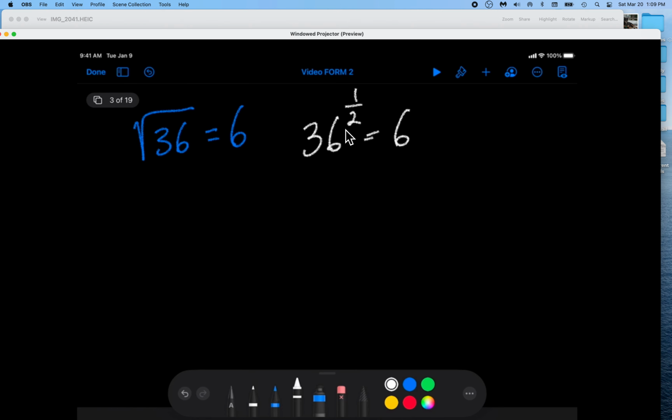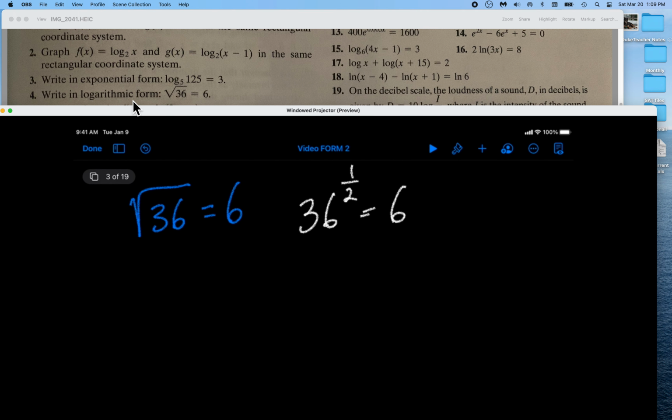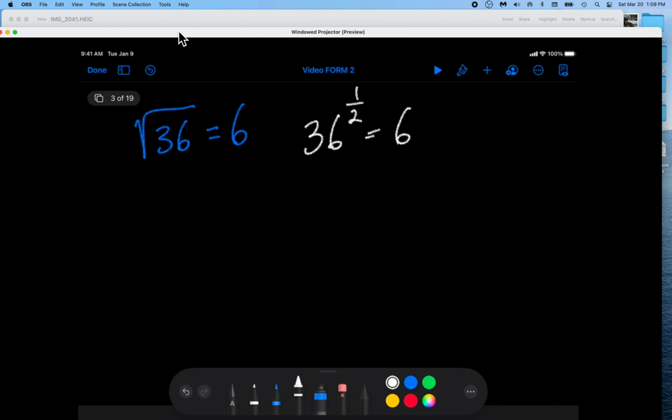By definition, there's an exponent. And they want us to write this in logarithmic form. Well, logarithmic form has to involve the word log. So that's the first thing I do. The second thing I do is I ask myself, what is the base in the exponential form? And the answer is 36. I make that the base of my log. So the base of the exponent becomes the base of my log.